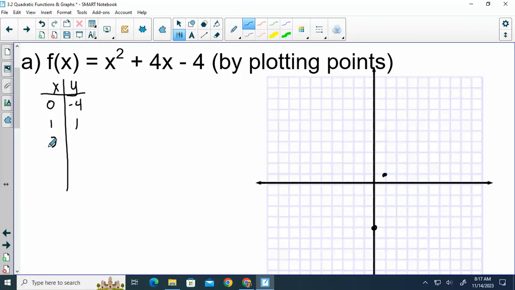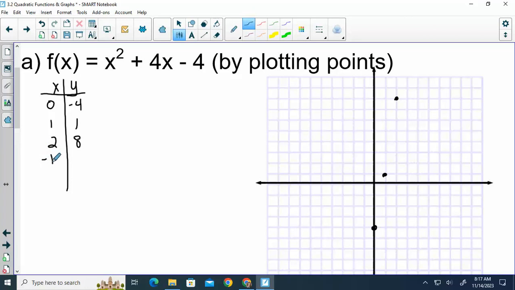If I put in 2, I get 4 plus 8 minus 4, which is 8. There's my 3 points. Do I have my graph? No. What do I need to do? Okay. Try some points the other direction.